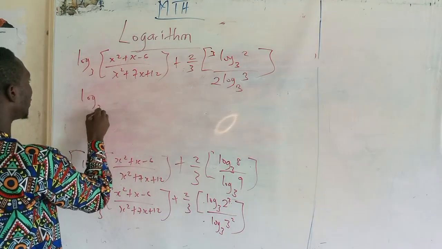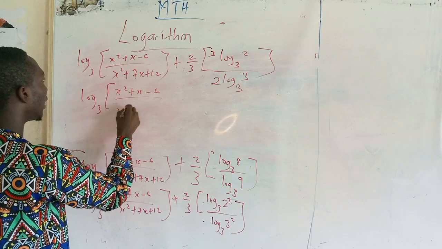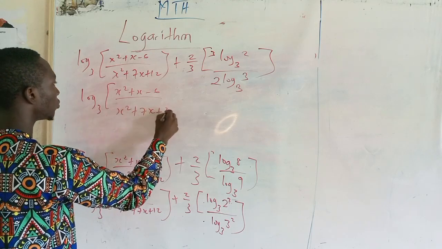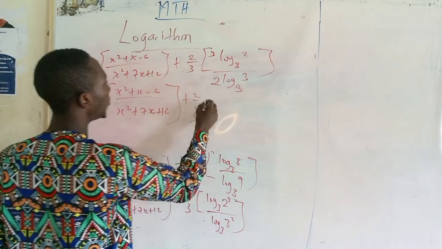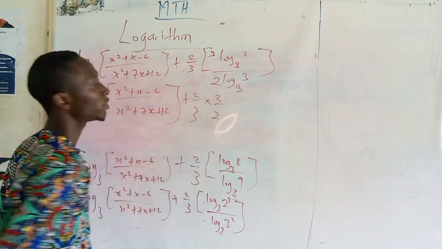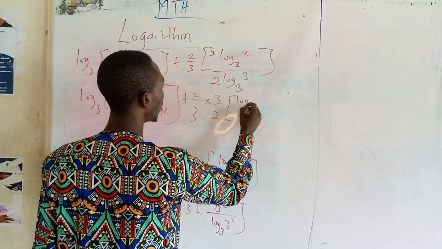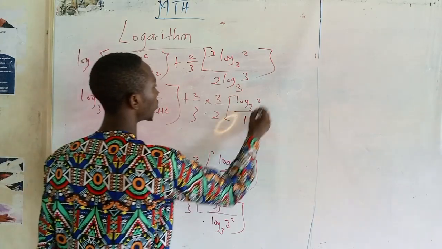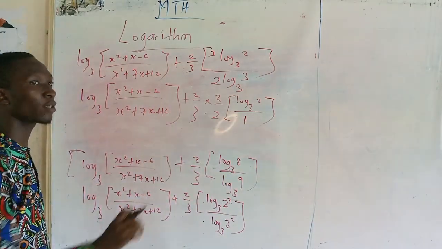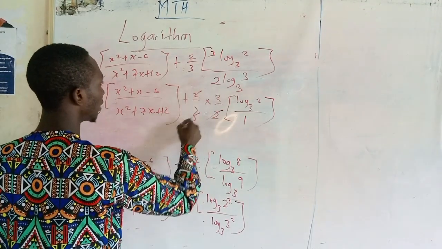So we can write log 3 of x squared plus x minus 6 over x squared plus 7x plus 12, plus 2 over 3. Now we can bring this 3 over 2 out because it's a coefficient of the log. Log 3 of 3 is 1. I told you log of itself is 1. So therefore we can cancel this out.